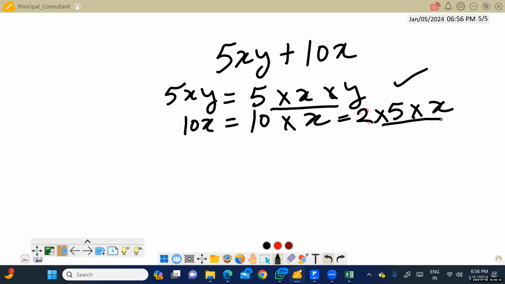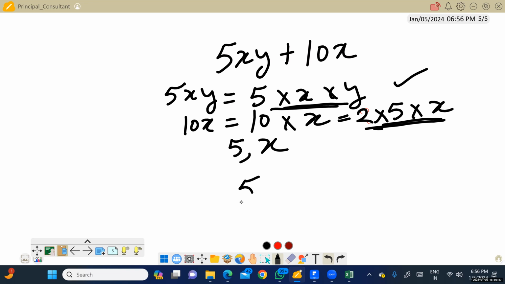What is common? Is 5 common out of these two? Yes, sir, 5 is common. What else is common? Sir, x. x is common, right? So 5 and x are common from here and here.